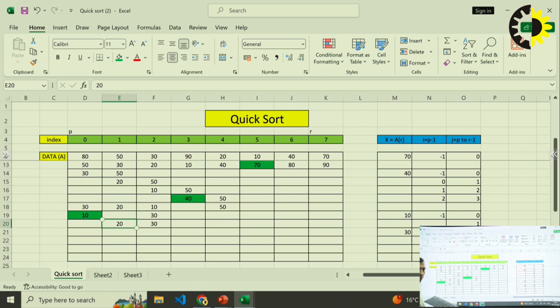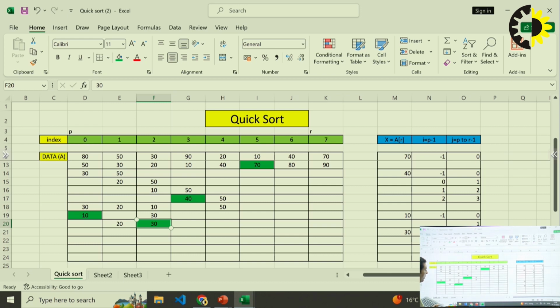Come outside the loop, and what to do? At the position i plus 1, put the element A[R], means the second index position, the same position. No exchange will occur. Now 30 will get its proper position.